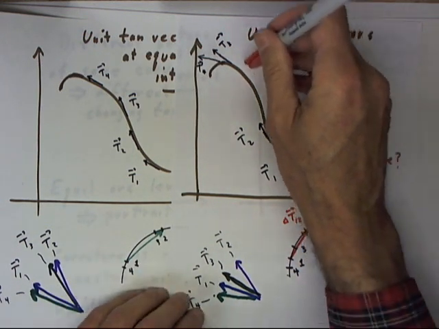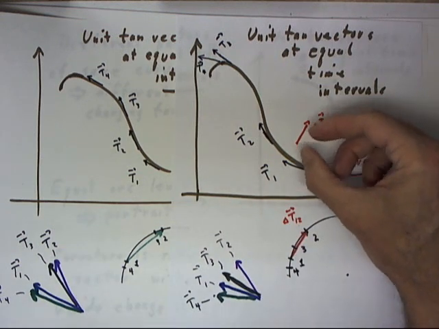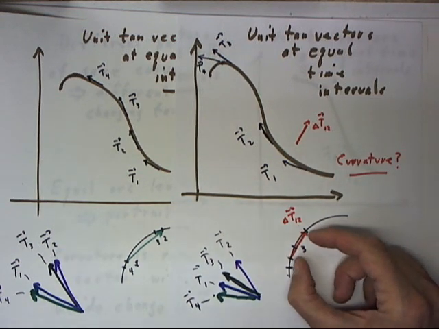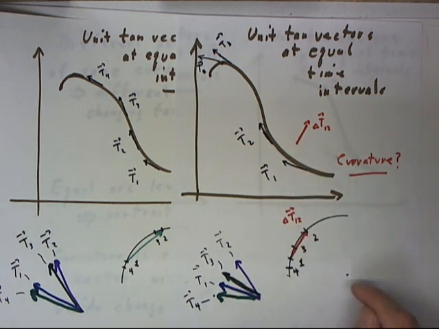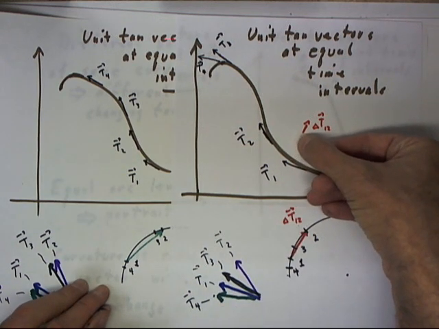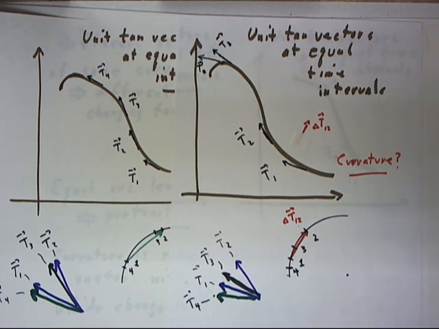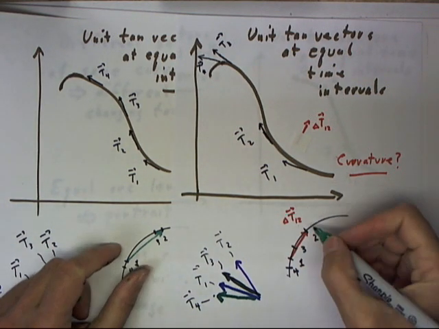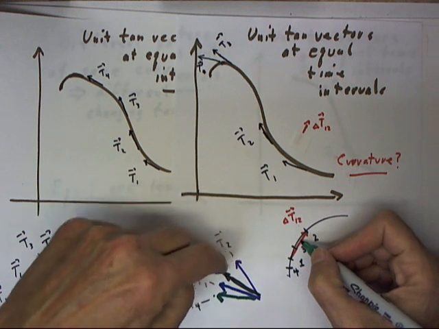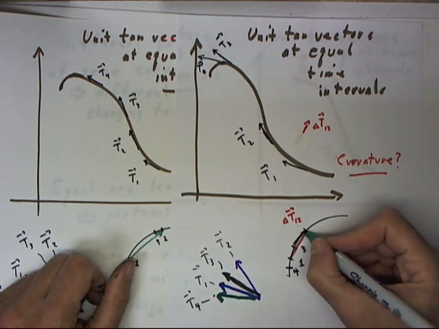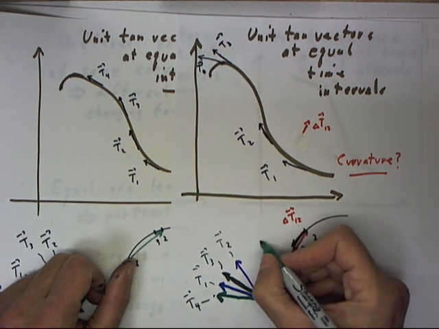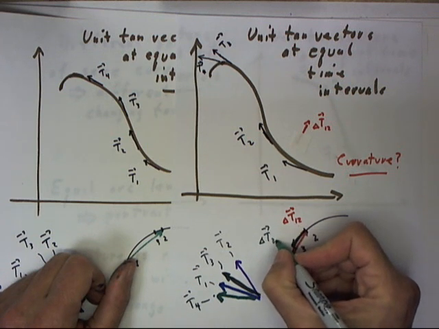Now, my delta T1,2 should actually be a little smaller. I drew it as big as it is on this picture, and my unit tangent vectors are depicted with actually different magnitudes in all three pictures. The thing should have a length more like what you see now. Okay, now from T2 to T3, what happens? Well, the change in our vector from T2 to T3 would be just this vector here, and we could call that our delta T2,3.